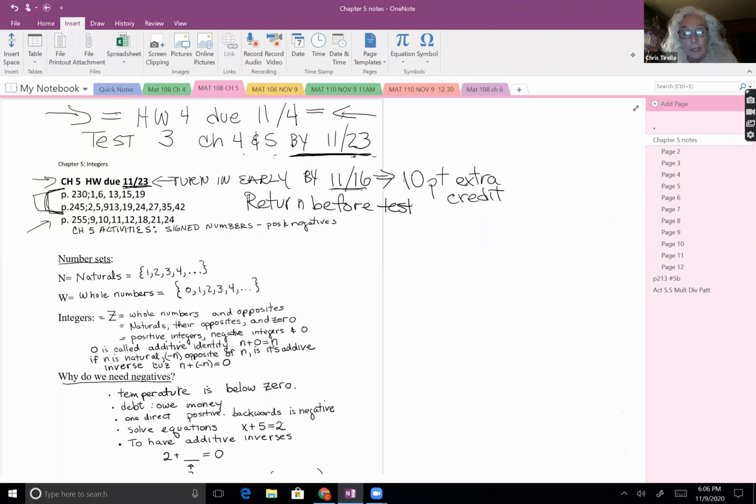It was activity 5, multiplying and dividing signed numbers. I'm just going to check. Yes, it is still chapter 5, activity 5, multiplication and division patterns.